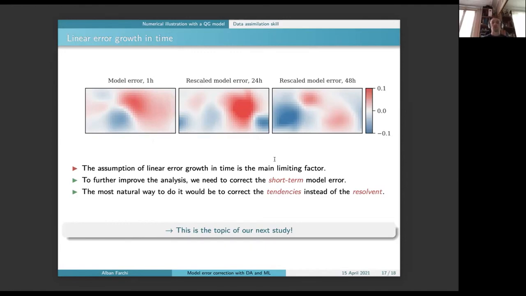Therefore, the most natural way to do it would be to go for the tendency correction instead of staying with the resolvent correction. And this will be the topic of our next study.